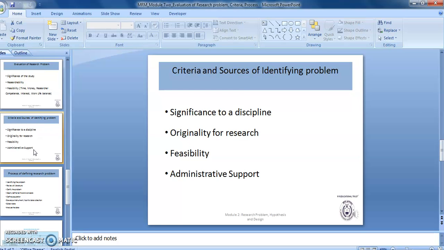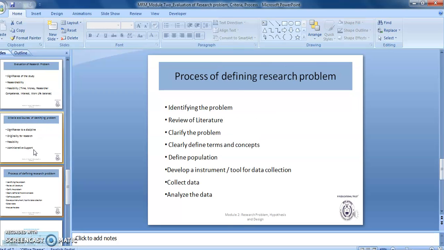And not just that, for all the spending that you do in order to collect data, use statistical tools, publish reports, bind the books, and whatever, all the costs that you incur as a part of the research would be refunded to you. That is called administrative support. So these are all the criteria and sources while you are trying to identify a problem for research.